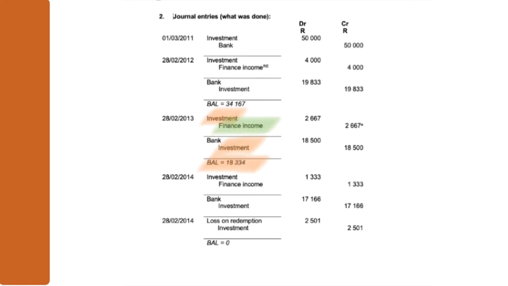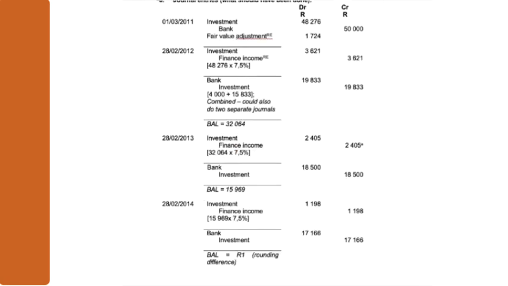The bank should not be an issue between what was done and what should have been done. Then we look at the journals of what should have been done. For the 2013 reporting period, what items do we have? Investment, and we can calculate the balance. And we also have the finance income.